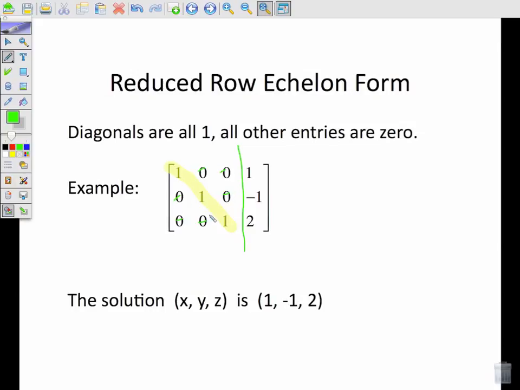So all of the components are 0 except for the diagonal ones. What this indicates, if you get it to this point, is that these are your solutions. This is your x solution, this is your y solution, and this is your z solution.